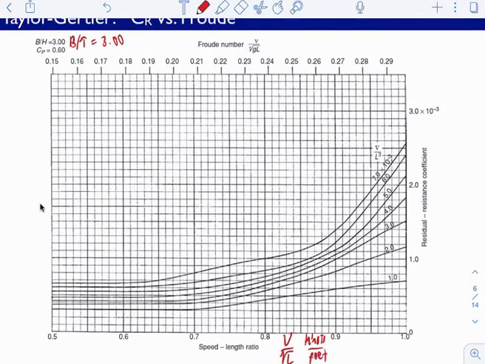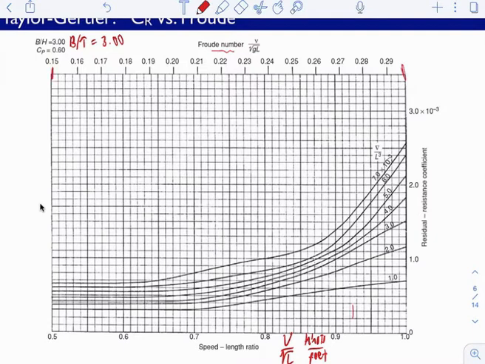This is the nautical traditional naval architecture version of the Froude number, but it's dimensional, so you have to be cautious about that. It can be directly converted to the Froude number, which is plotted at the top. So we'll have a look at that because we're more used to looking at that now. You can see the maximum Froude number in this chart is about 0.3, and the minimum is about 0.15.